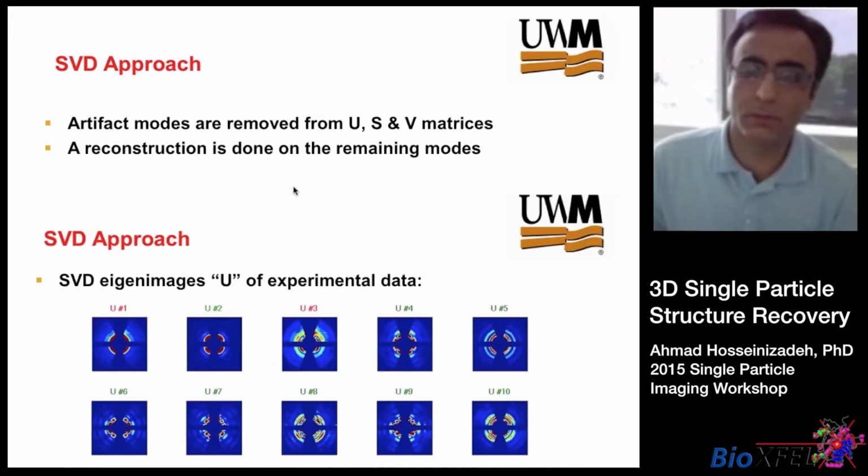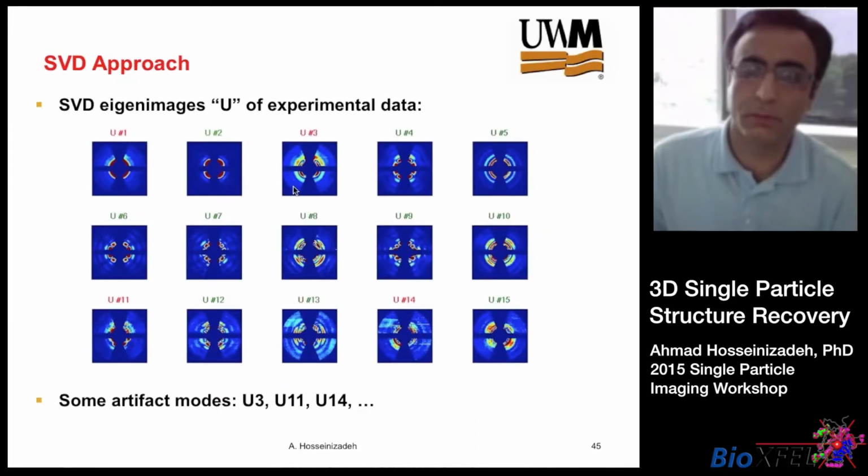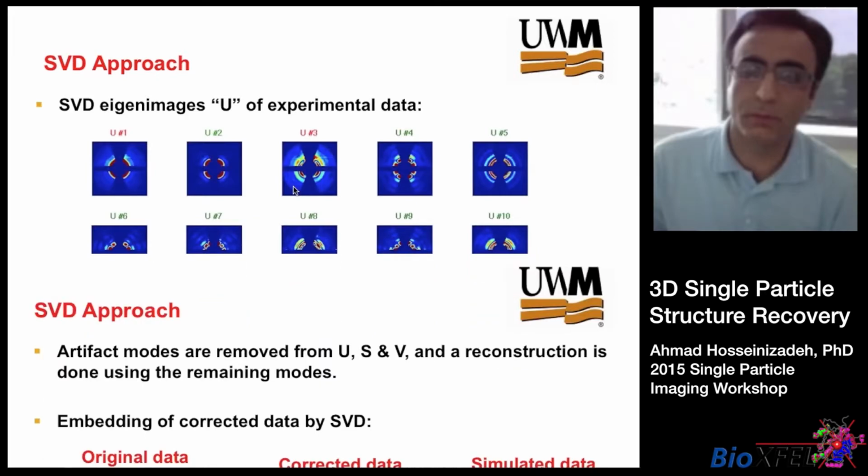So we can just remove these artifact modes from the SVD modes and then do a reconstruction. What we get after that is this result here. The original data was this manifold, and the data corrected by SVD just got rid of these variations. We get this nice degenerate pair here, which is comparable to the simulated one.